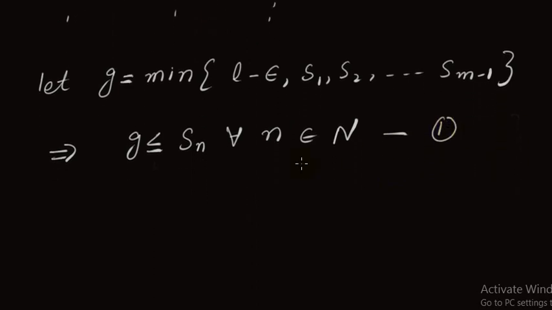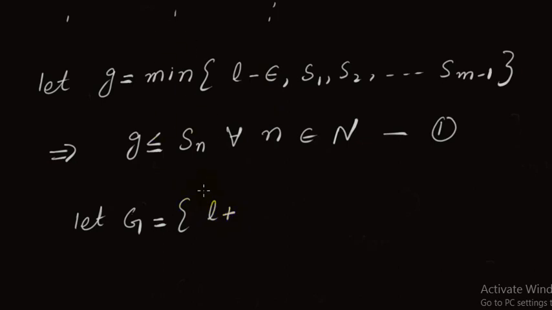Now, in a similar way, we find an upper bound. Let capital G be equal to, now I replace L minus epsilon by L plus epsilon.